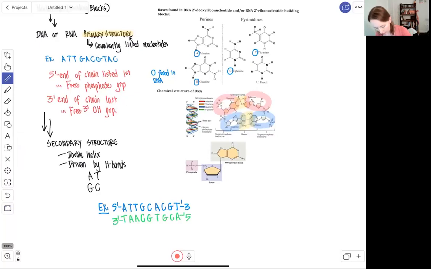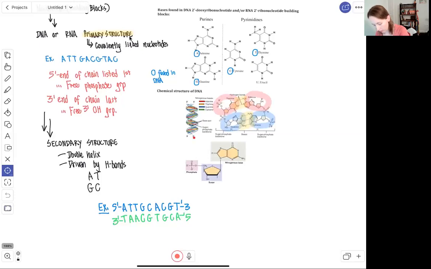So it is always going to be the case that in the second strand, the 5' free phosphate group is listed at the right end, and the free hydroxy group is listed at the left end in this complementary strand. Ultimately, this is the hydrogen bond pattern that enables DNA to assemble into its coiled structure.